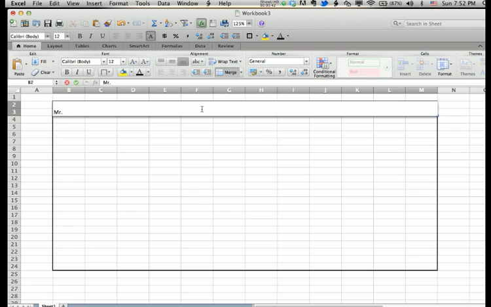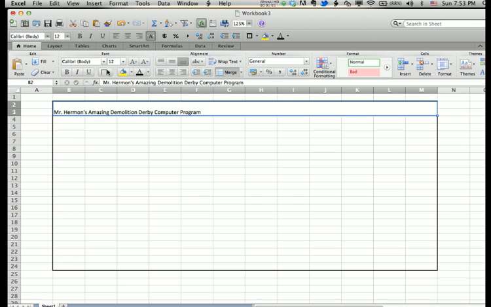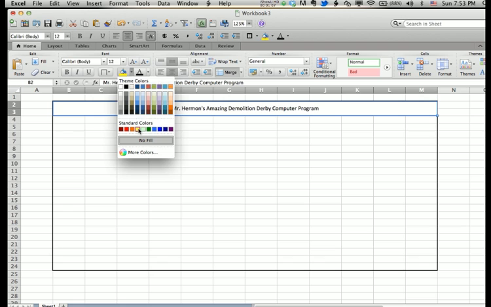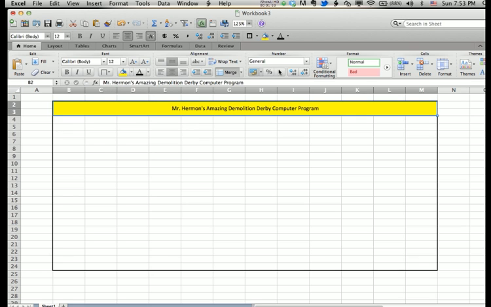Mr. Herman's Amazing Demolition Derby computer program. Obviously, you're going to be very creative on your own and make your own program. I think that goes without saying. Where's the borders?